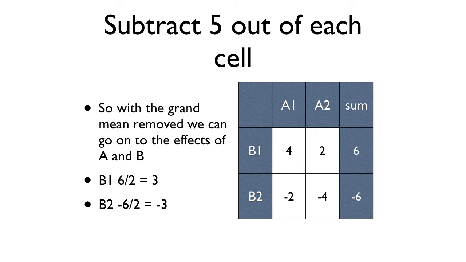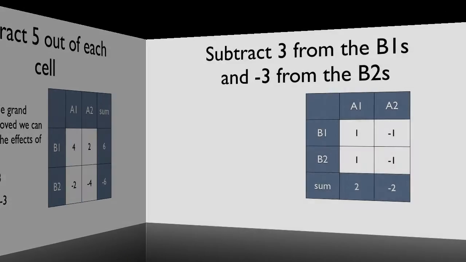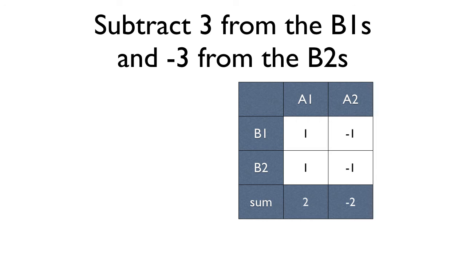So I'm going to get what? 1, negative 1, right? And then 1, negative 1. Subtract 3 from all the B1s and negative 3 from all the B2s.